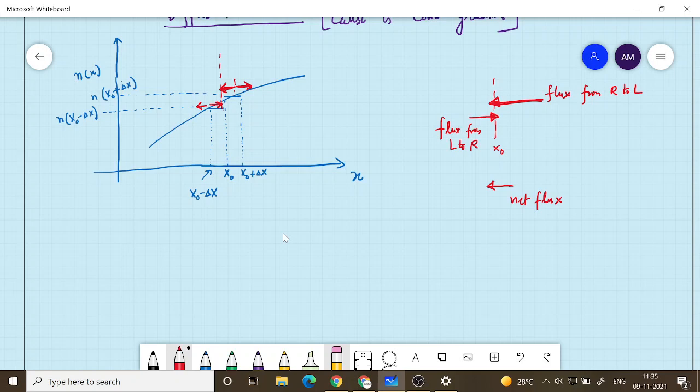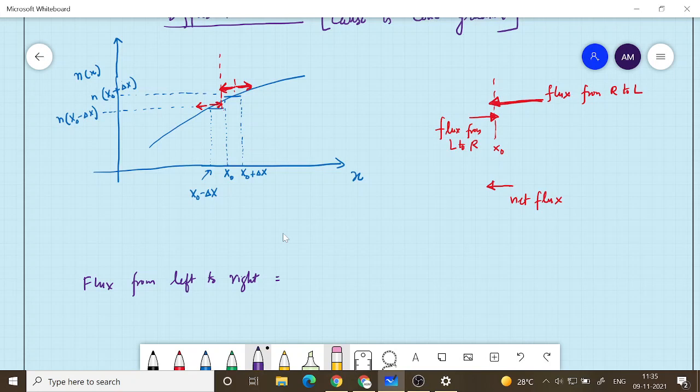So flux from left to right according to this picture is what? Earlier we have derived the expression for flux, and the same way we can write it.